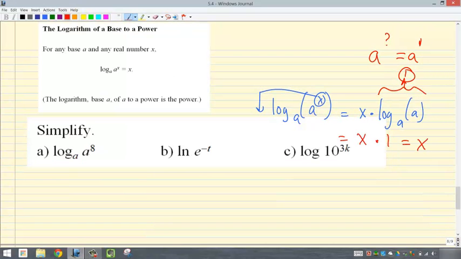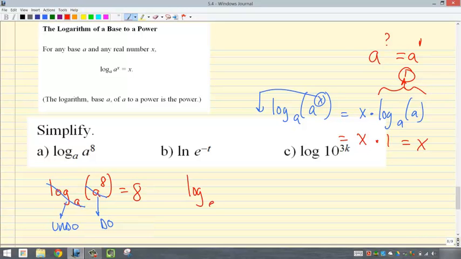So example A, log base a of a to the 8th power. That's just 8. Log base e of e to the negative t power.